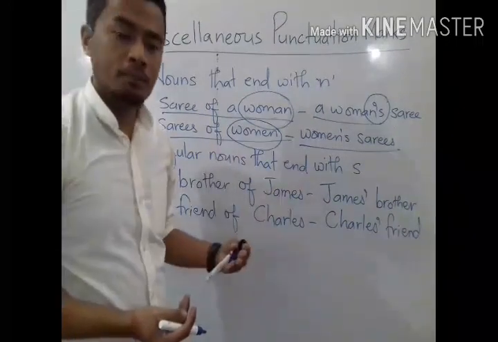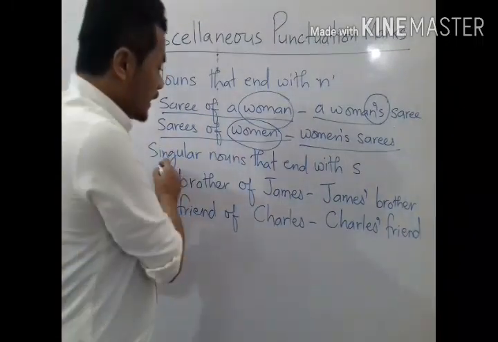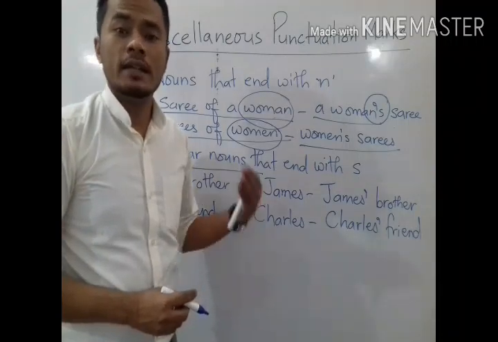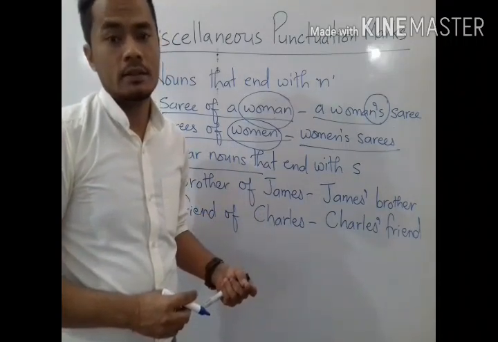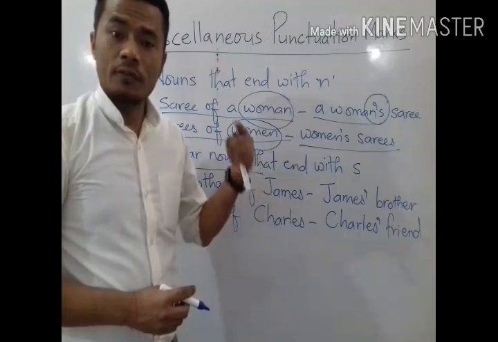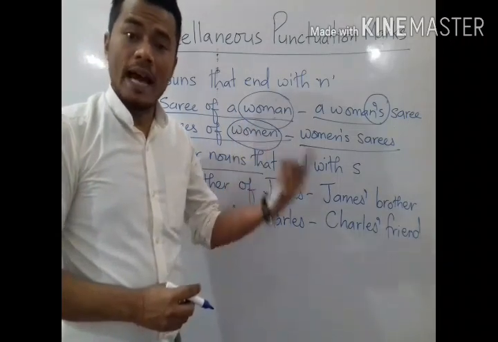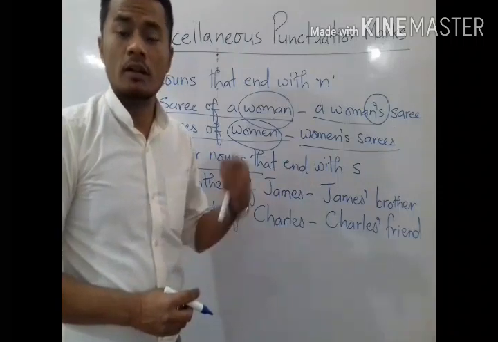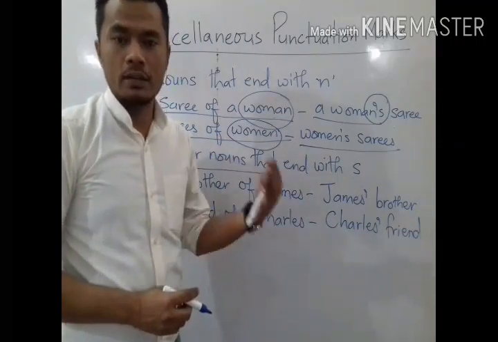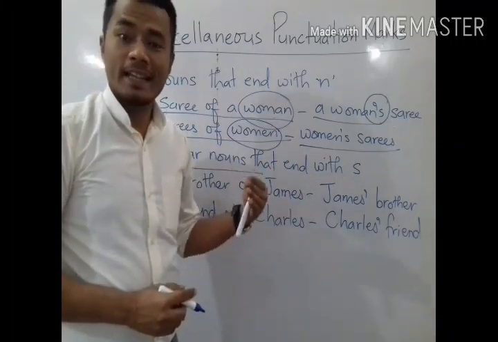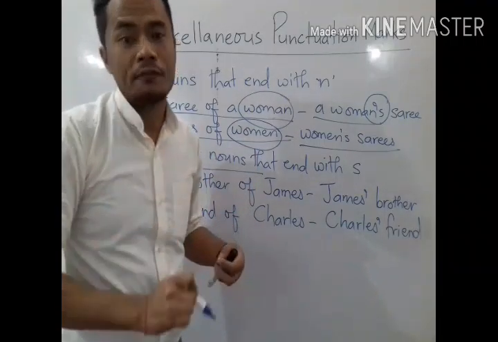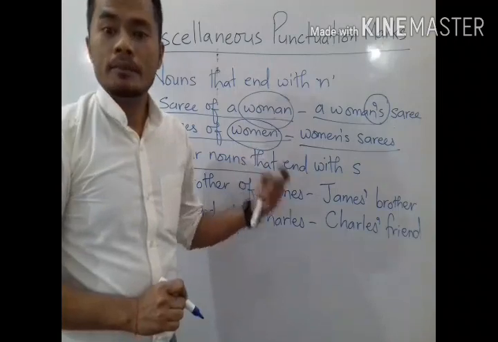Now another important point to understand is, if any singular noun of which we are showing the possession ends with s, then in the singular case also we have to use only an apostrophe after the singular noun.